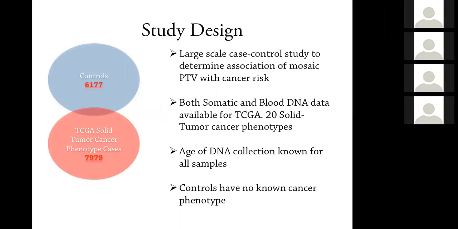Those are coming mostly from ESP studies and diabetes studies. So those are people without any known cancer phenotype. At the time, they are fairly old. I'm going to show the mean age and other data about the sample. So we're quite confident that they either don't have cancer at all throughout their life, or they have a very low risk of cancer because they're old and did not develop it at the point of sequencing.